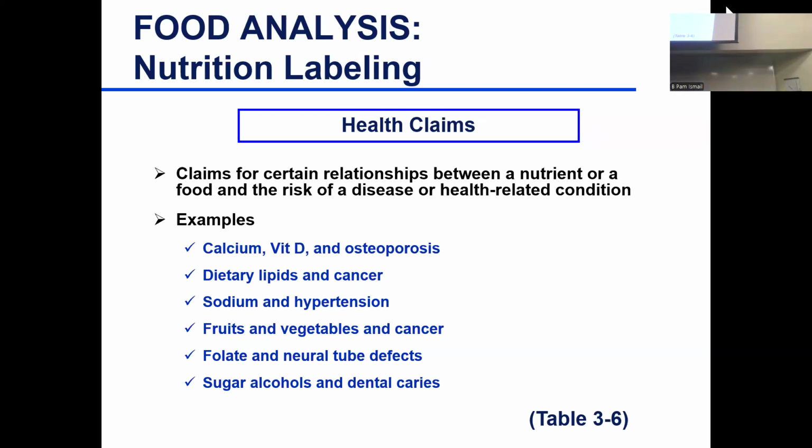A health claim doesn't go into effect without having a lot of studies, like NIH, for example, type of research that you would do on a lot of subjects so that you can prove that, yes, with a specific intake of calcium and vitamin D, we reduce the risk of osteoporosis. Once this is confirmed with clinical trials, then it can be approved to be put on the label. So you can't put anything you want on the label. It has to be an approved health claim.